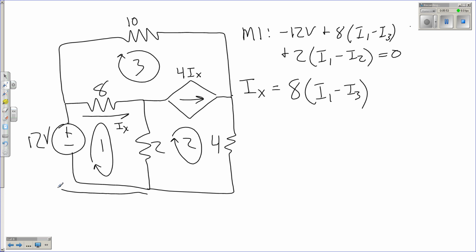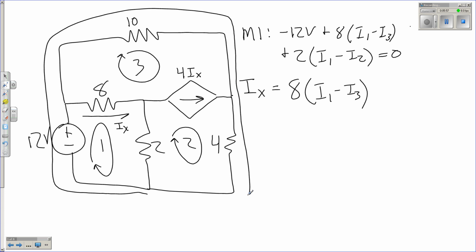So we draw another super mesh all the way around. In this case, our super mesh will start here at the 12 volt source with a negative 12. Come up and around, go to that 10 ohm resistor. And in this case, we have I3 minus I1.